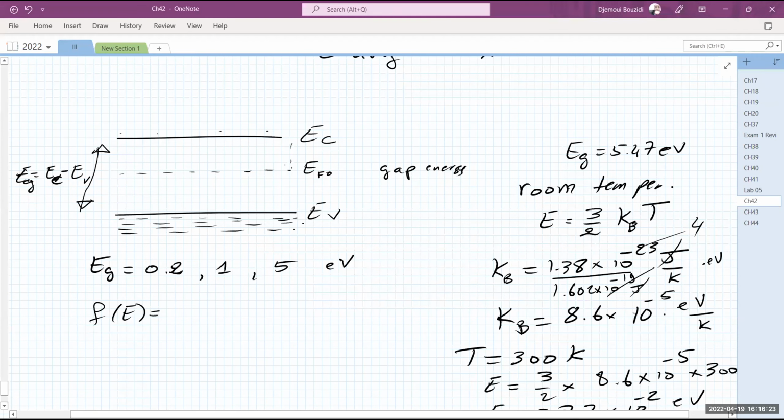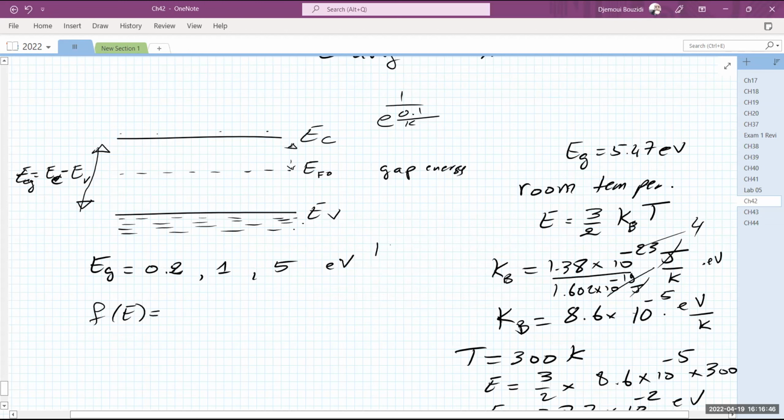So the difference between this and the Fermi energy level is going to be just 1 over exponential of half of this number. This whole gap, I'm saying it's 0.2, but divide that by 2, it's going to be 0.1 divided by kBT. Remember, kBT is just this number that I just wrote, kB times the temperature.